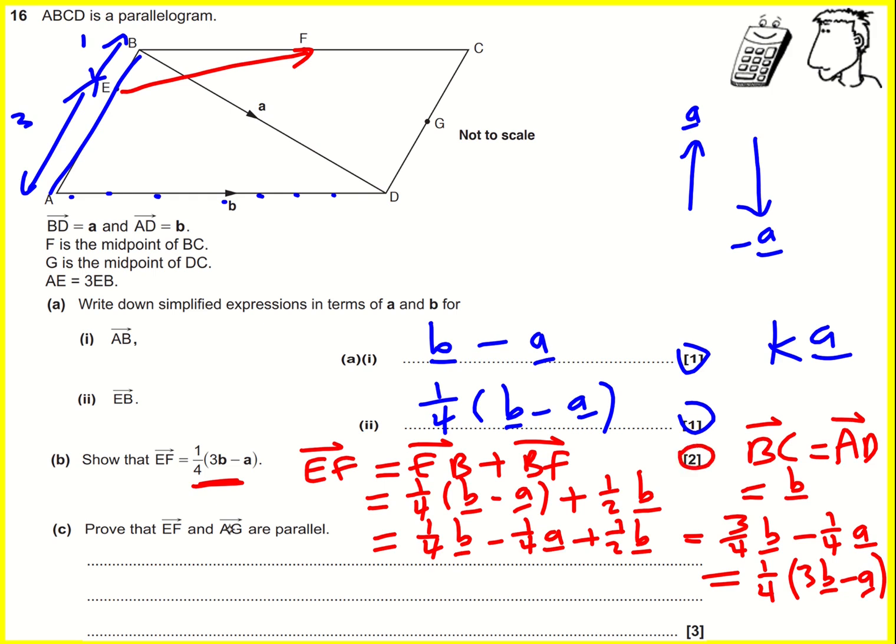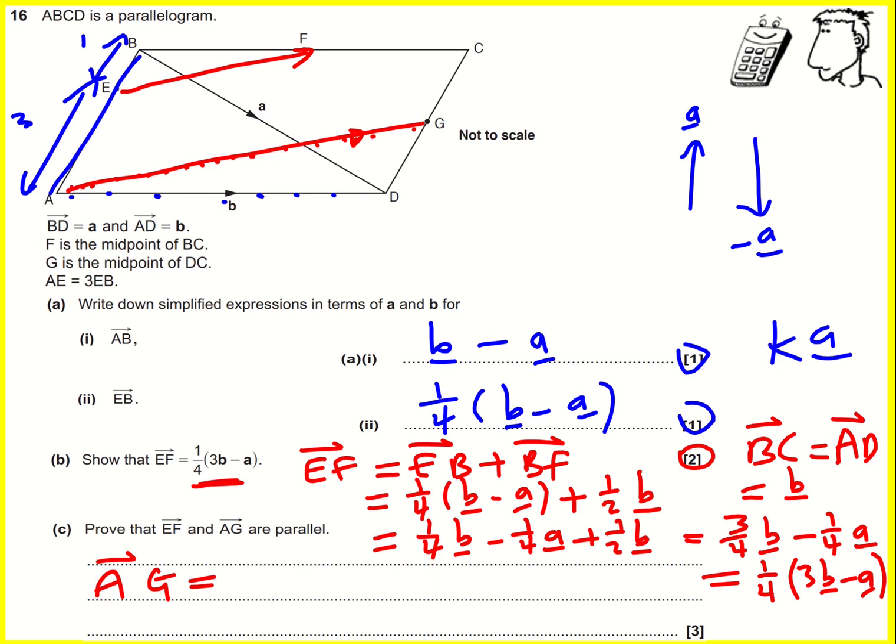Prove that EF and AG are parallel. This is AG. So to prove they're parallel, we basically need to show that they have a 3B minus A in it, and one's just a multiple of the other one. So let's work out what AG is and go from there.